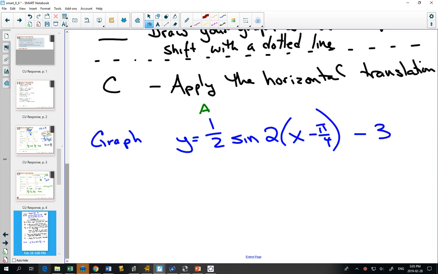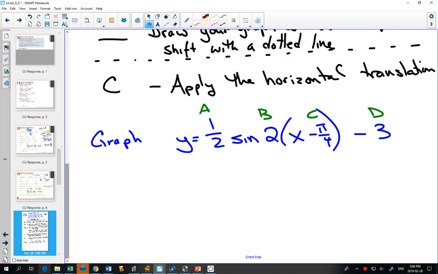Here's your a value, your b value, your c value, your d value. So when trying to graph this, instead of using what you did in transformations, where you did all your horizontal stretches and compressions first, then your translations, and took a whole bunch of points from your parent graph and transformed them, the shortcut allows us to do this a lot faster.